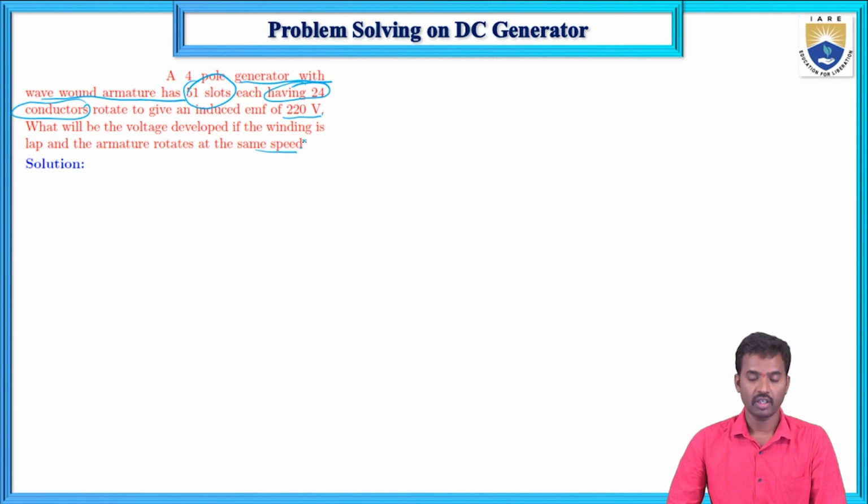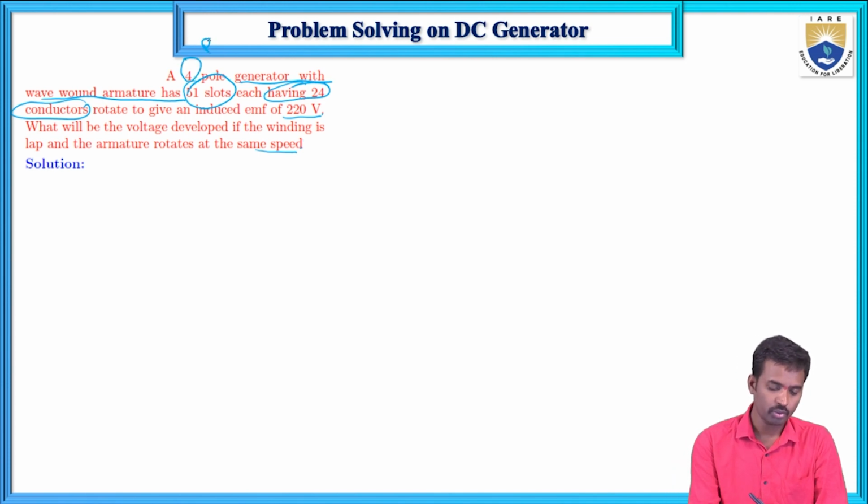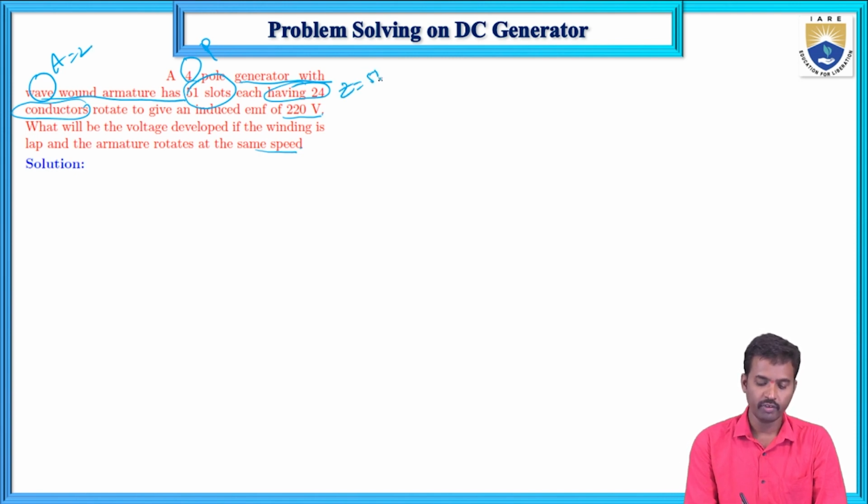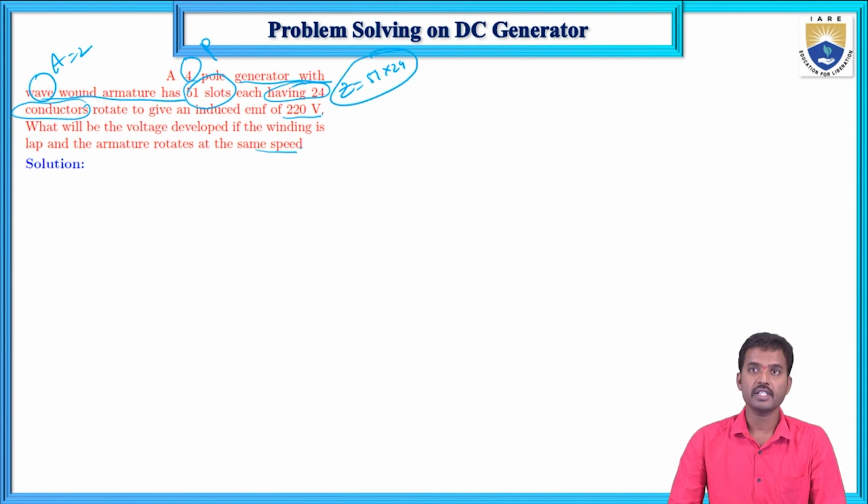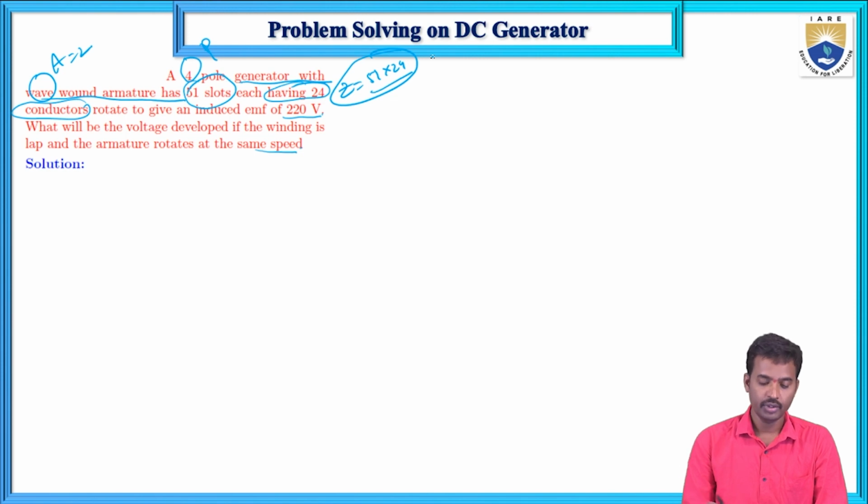First, the given data: number of poles equals P equals 4, and this is wave connected, so A equals 2. Z equals 51 into 24, since total number of conductors equals number of slots into conductors per slot. And induced EMF Eg equals 220 volts.